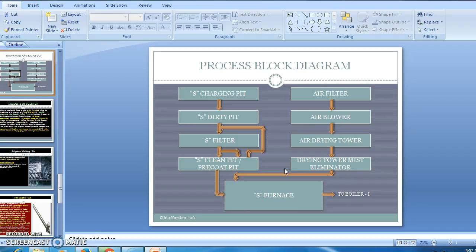You take advantage of that, because sulfur is in liquid form and the other impurities are not, so you can just filter them out, and what you get is pure sulfur, and you can store it. When you store it, you have to make sure that the sulfur remains in liquid form so that it can be very easily used, otherwise it will be difficult. So you store the liquid sulfur here.